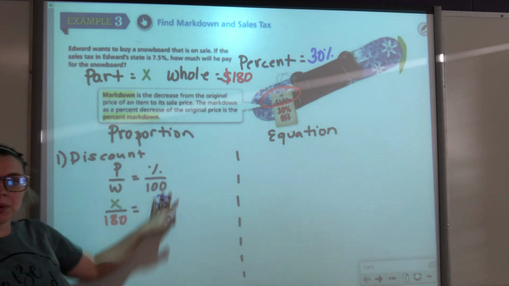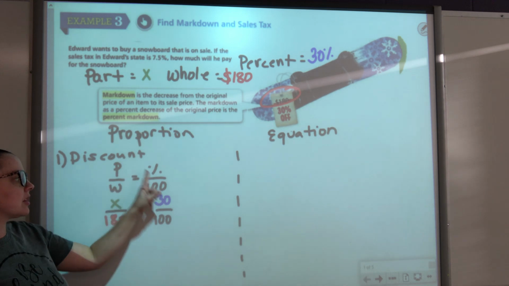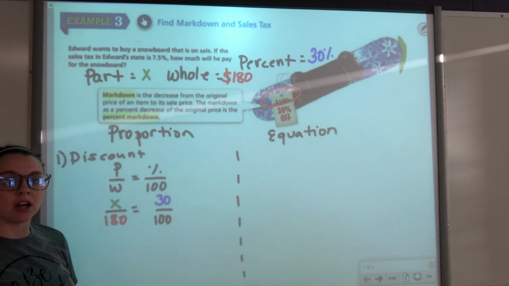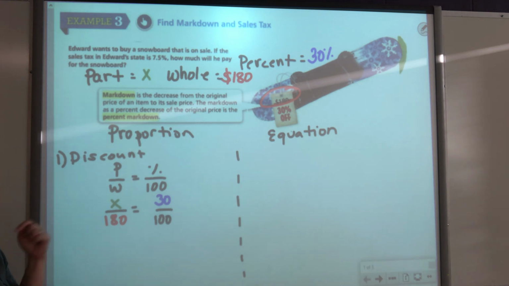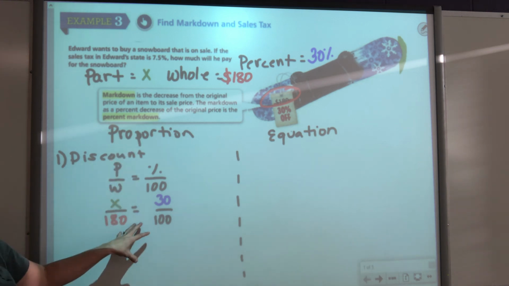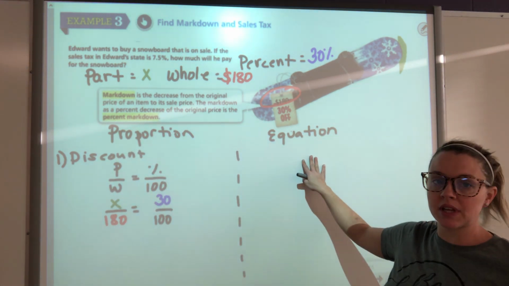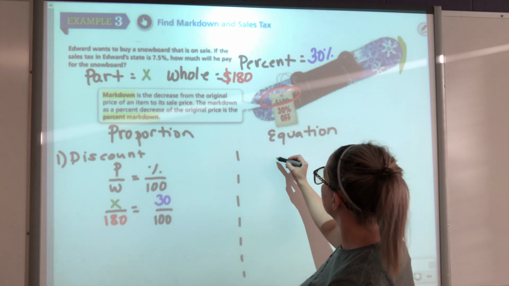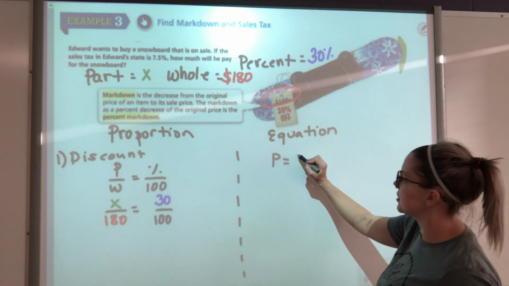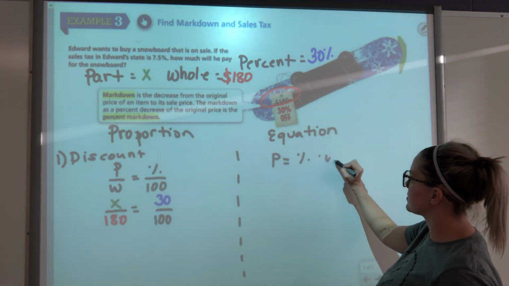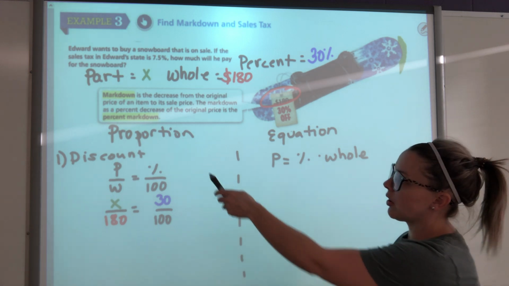So if you like to use the percent proportion, I want you to take the time right now and calculate using your cross products how much of a discount it's going to be on the snowboard. Okay. For those of you who use the percent equation, again, percent equation is part is equal to the percent times the whole. So we don't know our part.